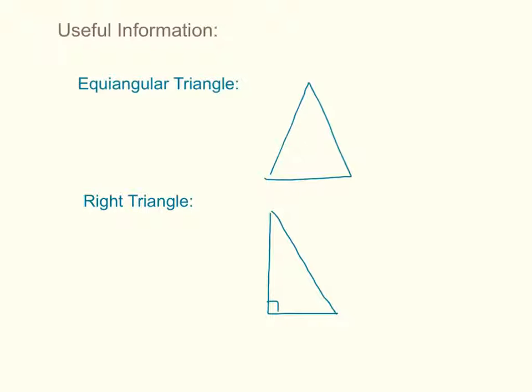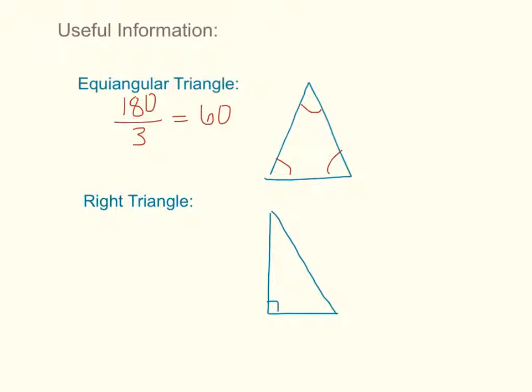Okay, so here's some useful information that I thought might be helpful for you. So equiangular, we talked about that, means that all 3 of the angles are the same angle measure. We just found out that a triangle has 180 degrees. We know that a triangle has 3 angles, so if I take 180 and divide it by 3, that's going to tell me 60.